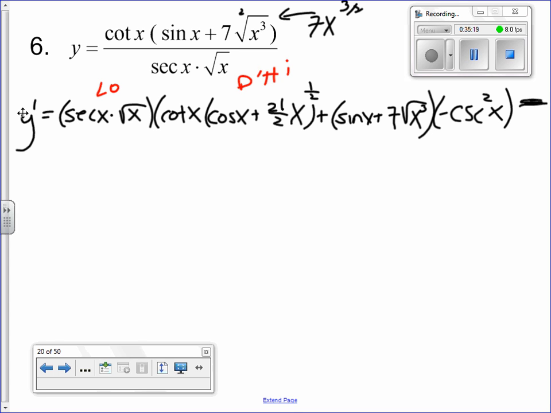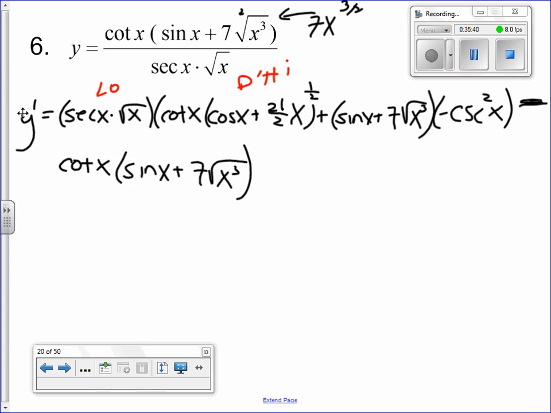We had low, D high, where we have first times derivative of the second. This is where we took the derivative of that, plus the second times the derivative of the first. So cotan of x, sine of x plus 7 rad x cubed.